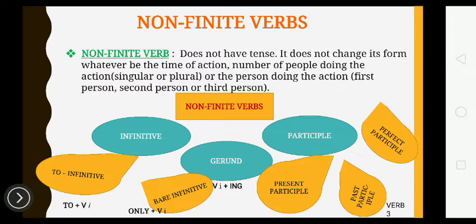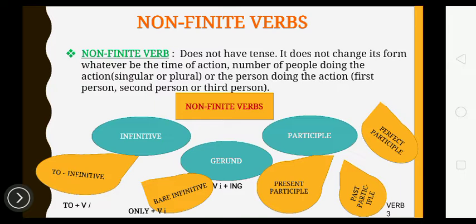Okay, so when you find ing as an adjective, that is our present participle, and when there is a noun and you are going to find an ing, you are going to find gerund. Okay, past participle, you are going to find only third form of the verb, and in perfect participle you are going to find having plus third form of the verb.